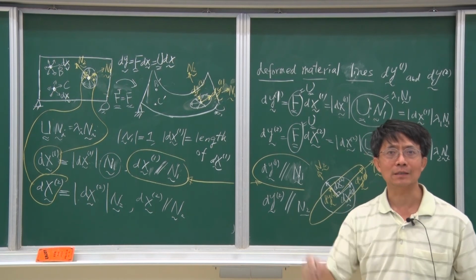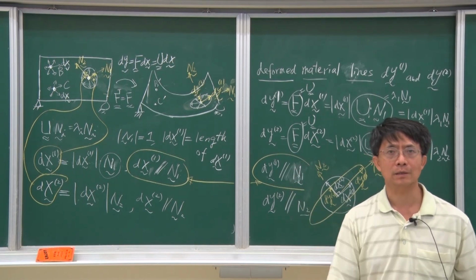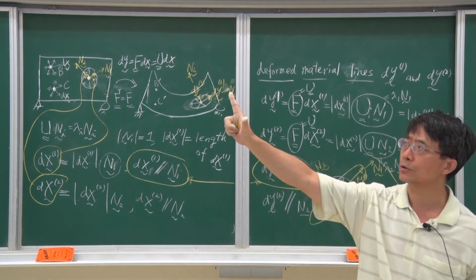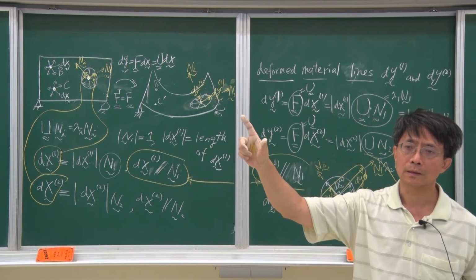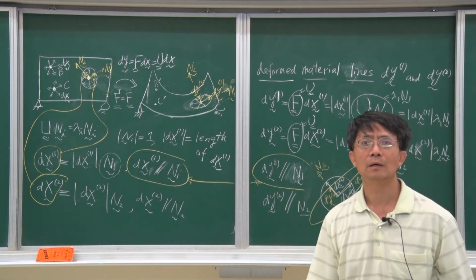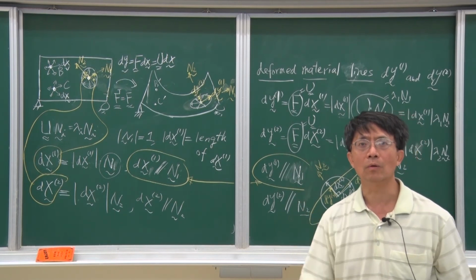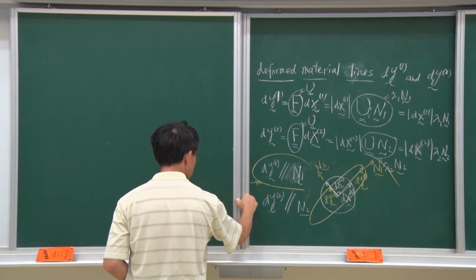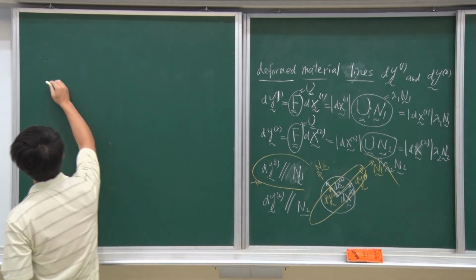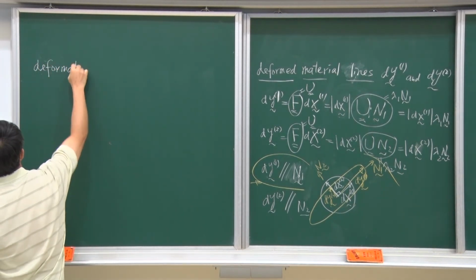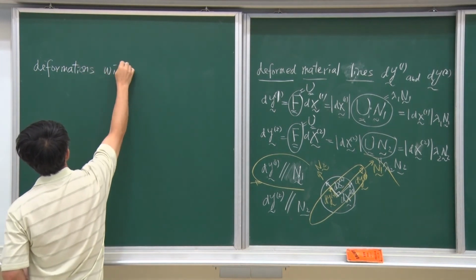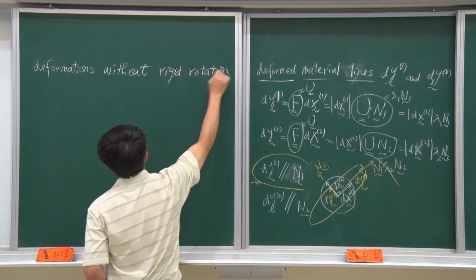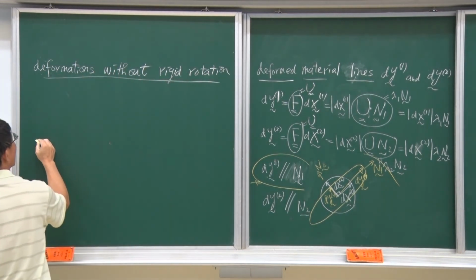I will draw you a picture such that you can understand my English more easily. Two mutually perpendicular material lines at a material point keep their direction after the deformation. This is a deformation without rigid rotation. I draw a picture for you. Deformation without rigid rotation.